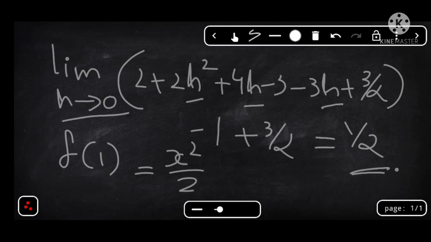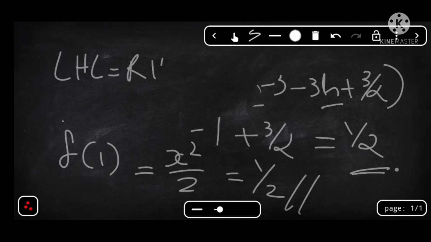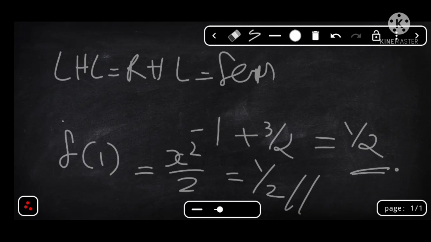Let's put 1 in place of x, so we get 1 by 2. So finally we can say that LHL equal to RHL equal to f of 1. So f of x is continuous at x equal to 1. I hope it is clear for you.